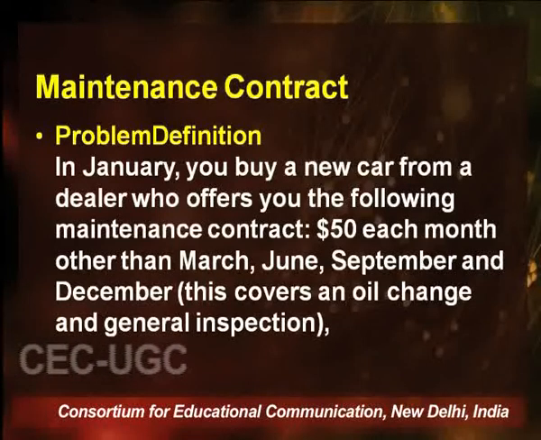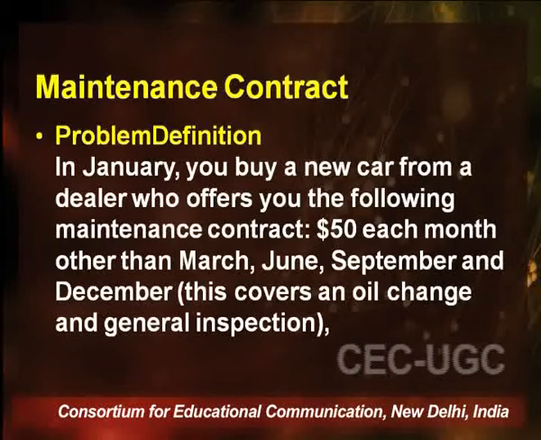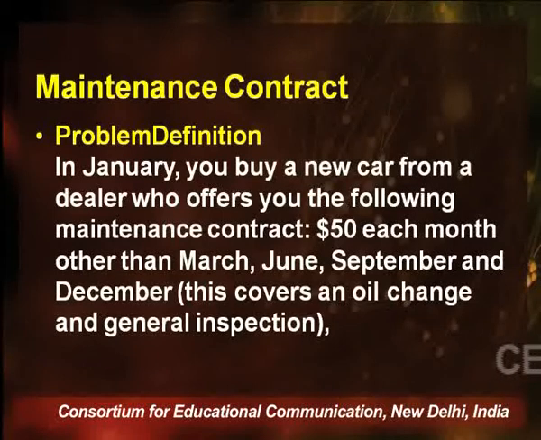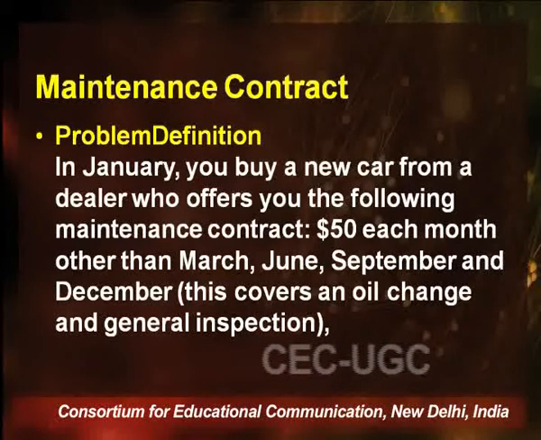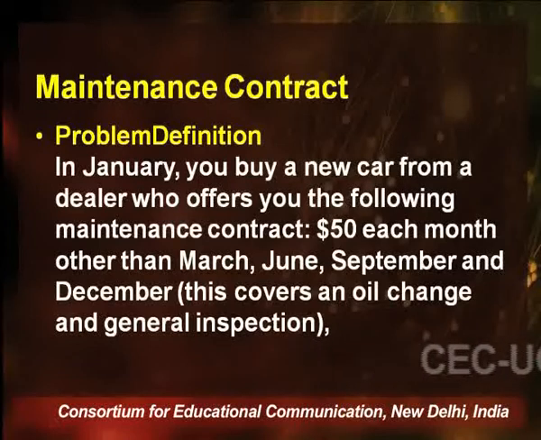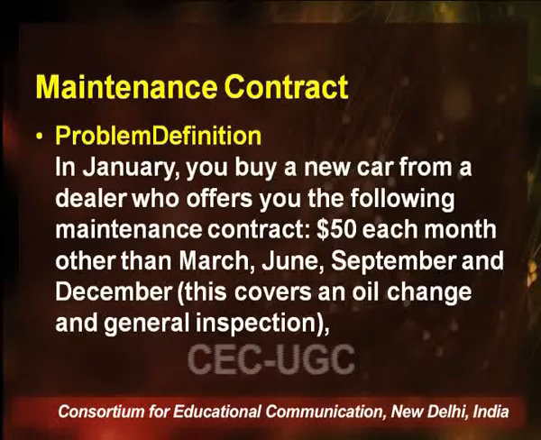In the starting month, let us say you buy a new car from a dealer who is going to offer you a maintenance contract with some conditions. Now, what are the conditions? The condition says $50 will be charged each month other than March, June, September and December.